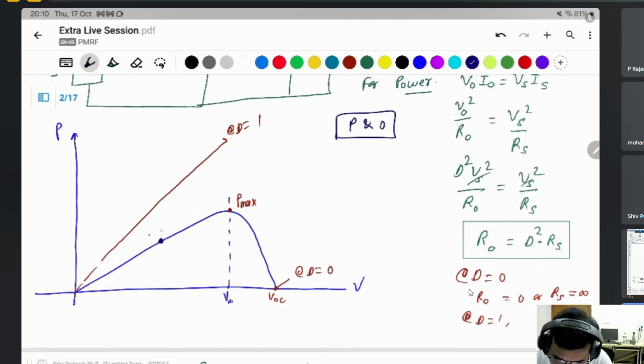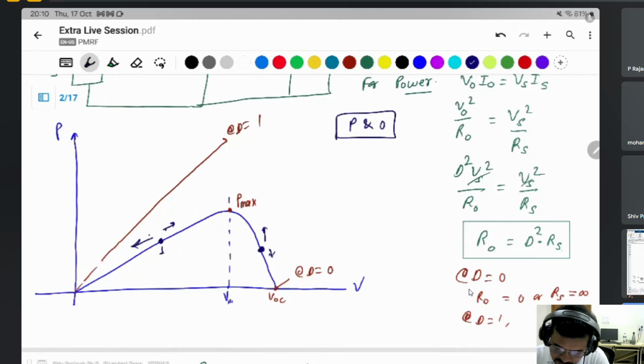You can go there from here, or you can take two points. You can give the initial duty cycle. That duty cycle represents two things: are we here, or are we here? There are also two chances to go there.